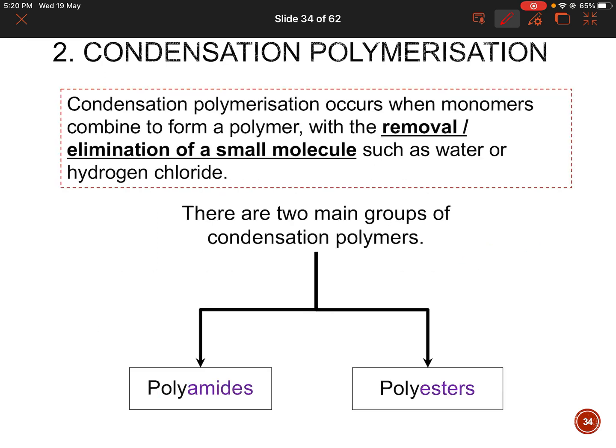So where did we learn the term condensation polymerization? Remember, we learned before that esterification is a type of condensation reaction. When esterification occurred, a carboxylic acid and an alcohol group bonded together with the elimination of a water molecule. Similarly, in condensation polymerization, the monomers combine and eliminate a small molecule.